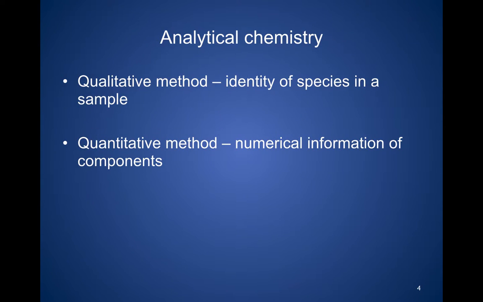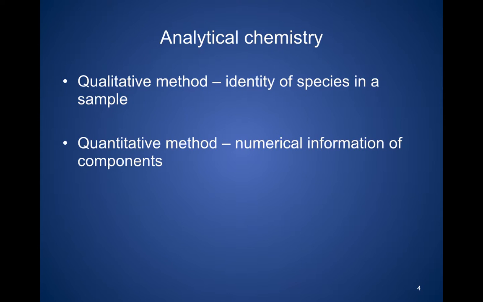In analytical chemistry, this is more of a review of your background way back in sophomore quantitative analysis. We know that in any kind of research, we could identify the species present, and we are also interested in determining how much of the species is present in a sample.